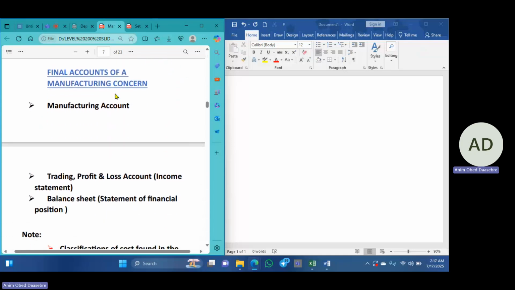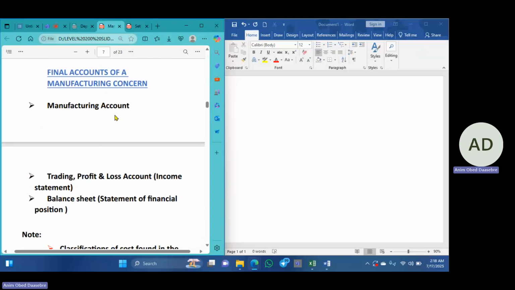So here we go. Here is the final account of a manufacturing concern. Under it, you are going to look at the manufacturing account itself.